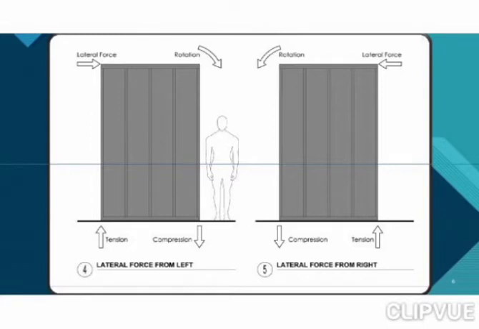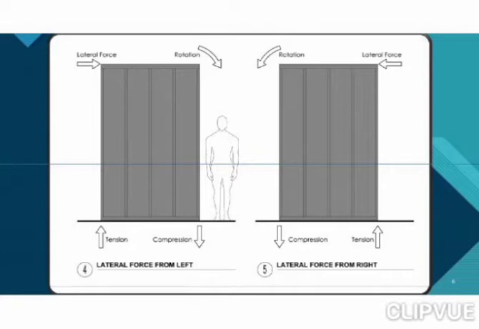In the given figure we can see what happens when lateral force acts from the left side and from the right side. When lateral force acts from the left side, the reaction is a little different.